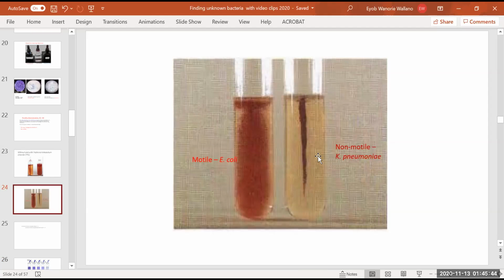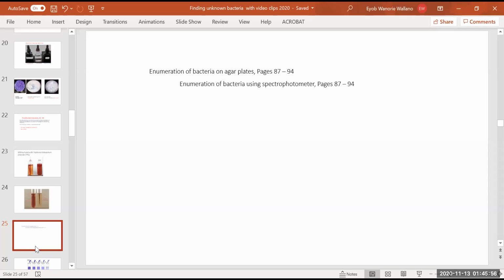I will say A and B, which of the following is non-motile and which is motile? You need to know it. It's not hard. This is the only motile area. You remember that one. About motility, we are going to focus more in the future.